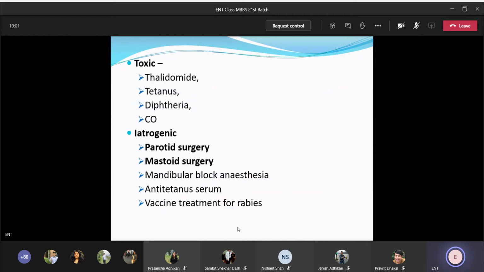Toxic causes: thalidomide, tetanus, diphtheria, and carbon monoxide poisoning may cause facial nerve palsy. Parotid surgery, iatrogenic. When we do surgery, we can injure the facial nerve. Most common surgeries are mastoid surgery and parotid surgery, where the facial nerve can be damaged.